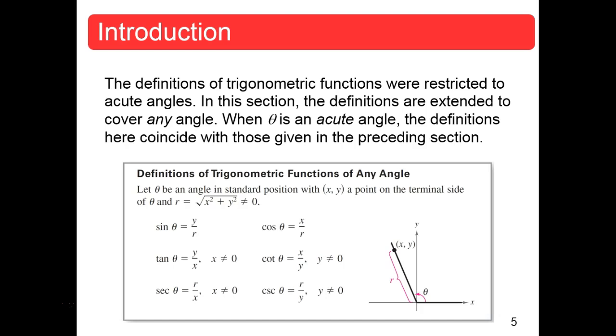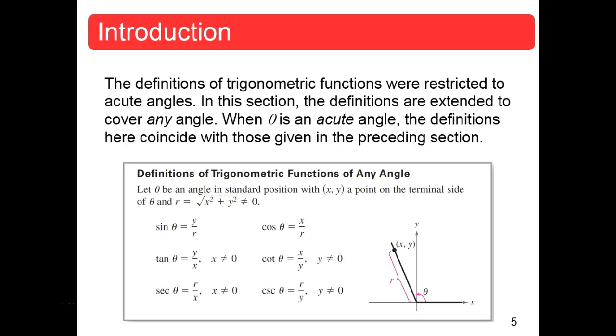R is equivalent to hypotenuse, x is equivalent to adjacent. All the same things. Remember, r can never be 0, so we don't have to worry about dividing by 0 here. However, x's and y's could be 0, so you have to eliminate 0 from these denominators. There's the same things we used before.